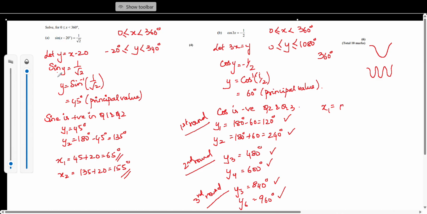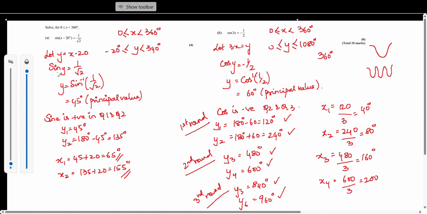x1 should be 120 by 3, 40. x2 should be 240 by 3, 80. x3 should be 480 by 3, 160. x4 should be 600 by 3, which is 200. x5 should be 840 by 3, which is 240.